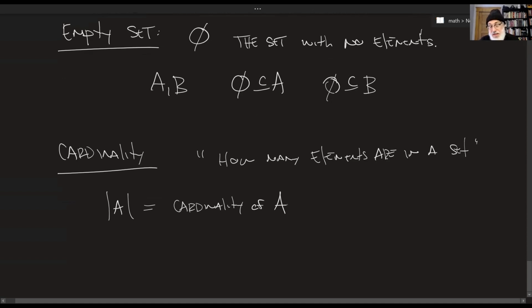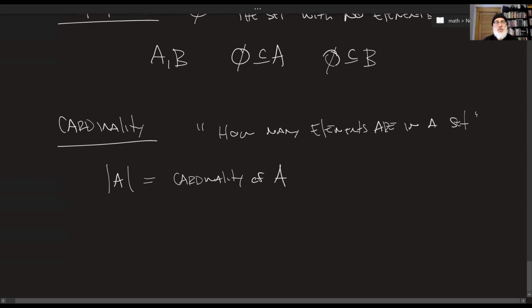Now, if A is finite, we just count how many things are in A. So the cardinality will be a number. The cardinality of A is 4. If A is infinite, the cardinality of A would be infinite. Now, this is a whole other conversation I'm not going to go over in this lecture.